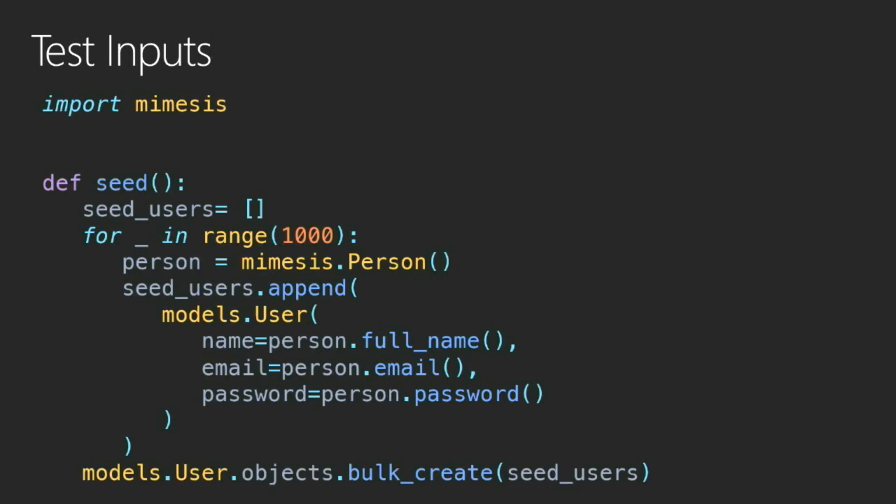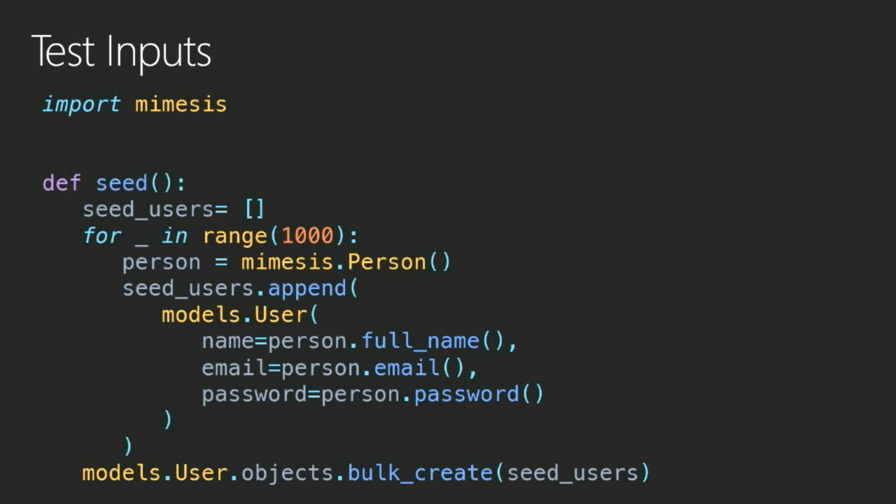This is to use a package called Nemesis. There are other ones like Faker. There are some other packages for generating fake data. I like Nemesis because it's really good for testing internationalization, and you can create test data in different languages with different contexts. So it's really helpful. If you spun up an application and you wanted to create 1,000 users in the system, you could do that just by writing a seed function, importing Nemesis, and then using this person object.